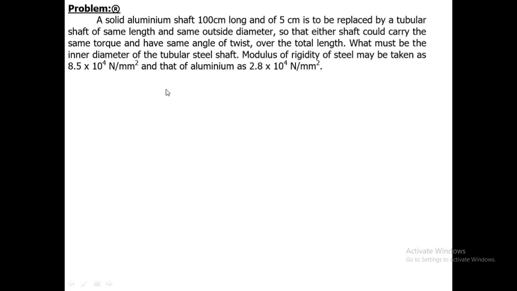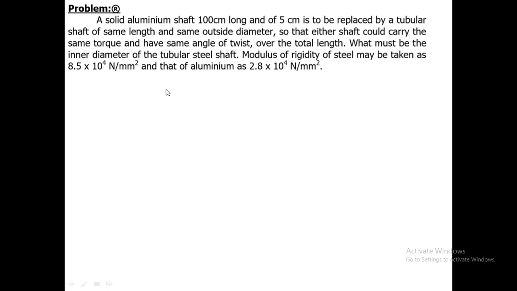Both the shafts will be subjected to the same torque, and also the angle of twist should be the same over the total length, so the length also will be the same. You have to calculate the inner diameter of the tubular shaft.